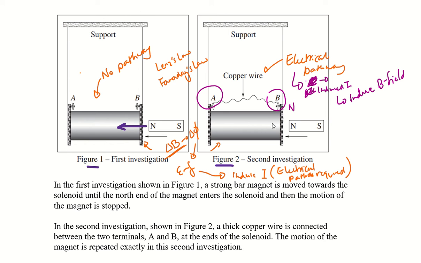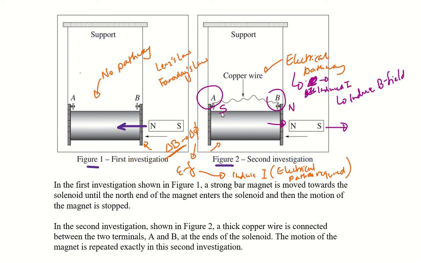The solenoid, by Lenz's law, should create a north pole at the front to try and repel, push against it, push it away into this opposite direction, and on this side we should get a south pole because of that.